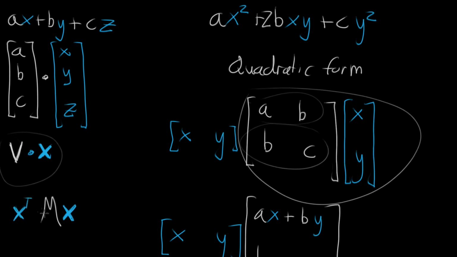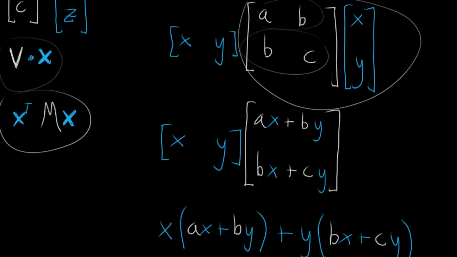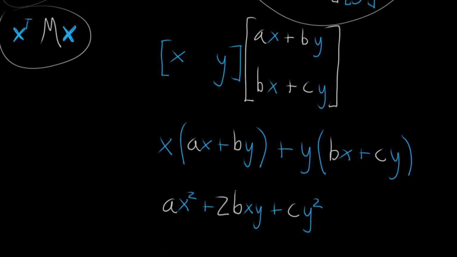So x transposed multiplied by the matrix from the left. And this expression, this is what a quadratic form looks like in vectorized form. And the convenience is the same as it was in the linear case. Just like v could represent something that had 100 different numbers in it and x would have 100 different constants, you could do something similar here where you can write that same expression even if the matrix M is super huge.